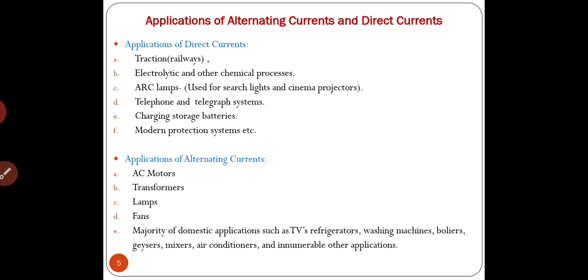The majority of domestic applications such as TVs, refrigerators, washing machines, boilers, geysers, mixer grinders, air conditioners and innumerable other applications require the alternating current supply.